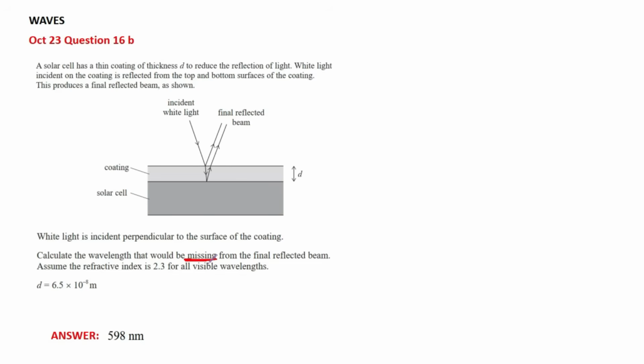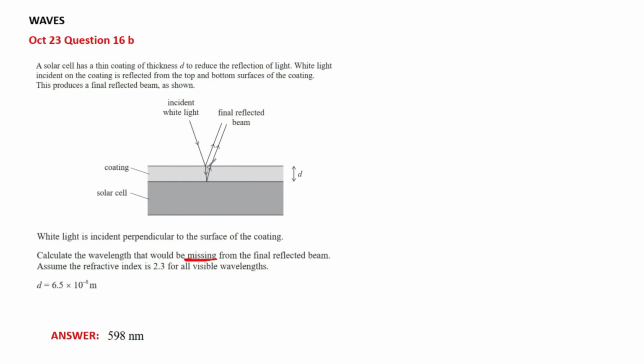If it has to undergo destructive superposition, there has to be a phase difference of 180 degrees. And when there is a phase difference, there has to be a path difference as well, between these two beams. So let's see what the path difference is. This light comes in and gets reflected from the surface of the coating, and some gets refracted and reflected from the inner surface of the coating.